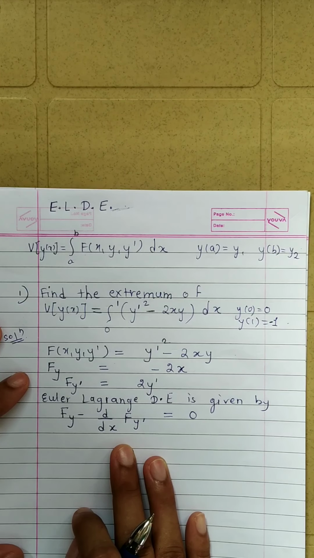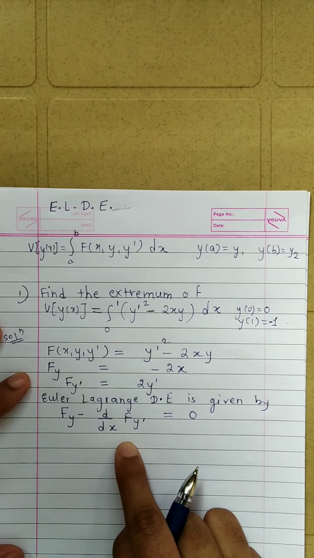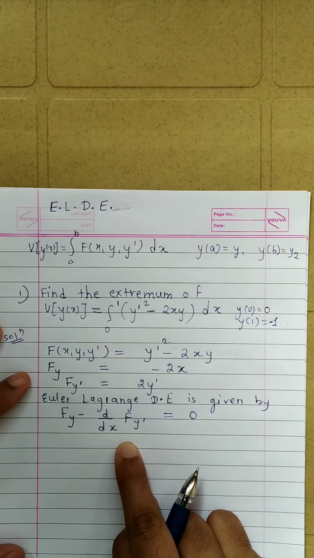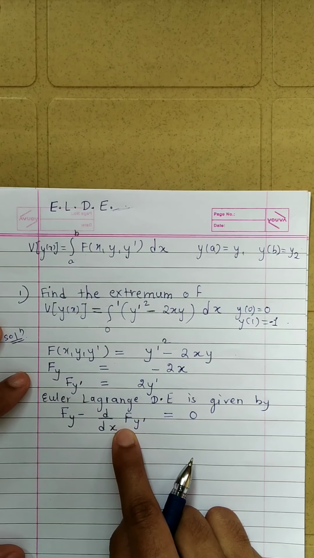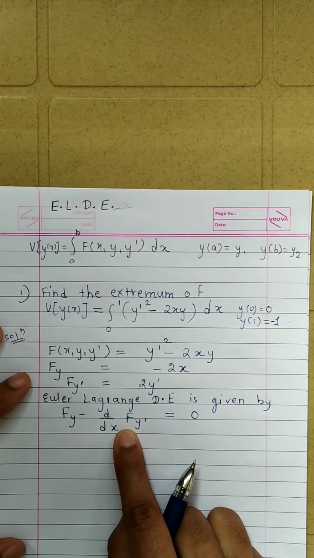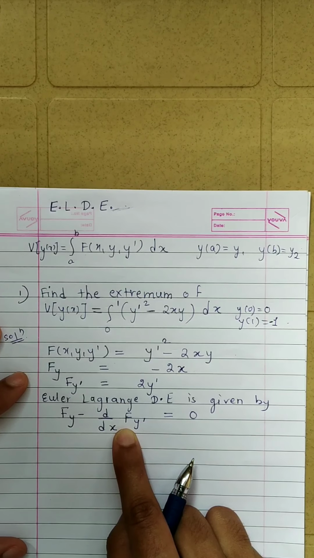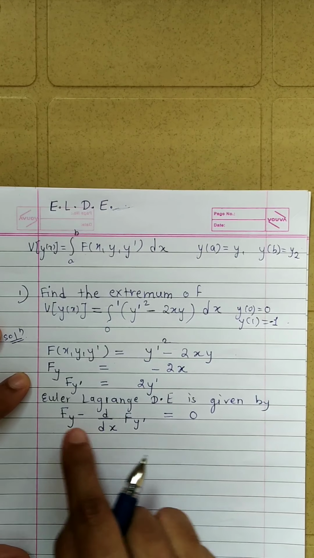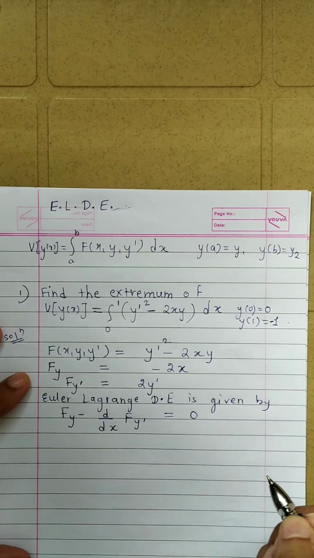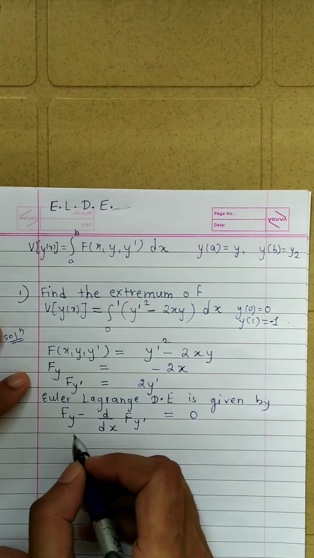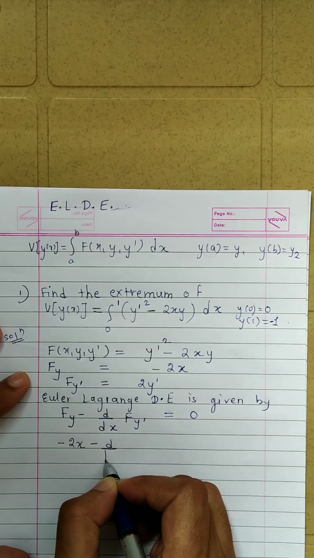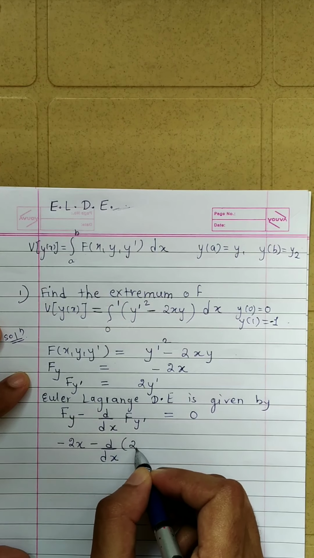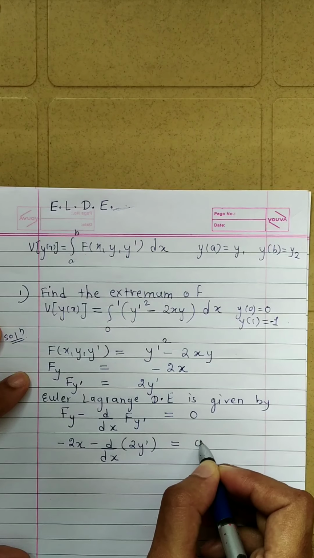In the last class we saw this Euler-Lagrange differential equation, and then we derived one more form of this equation by expanding this term. But while solving problems it is not necessary that we go to that long form. We can consider this and put the respective values there. So this will be minus 2x minus d by dx of 2y dash equal to 0.